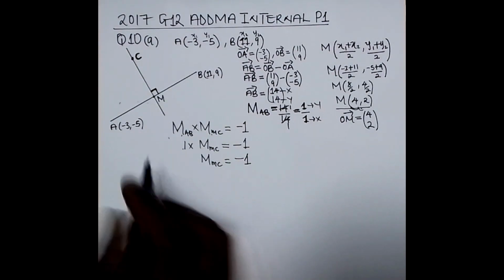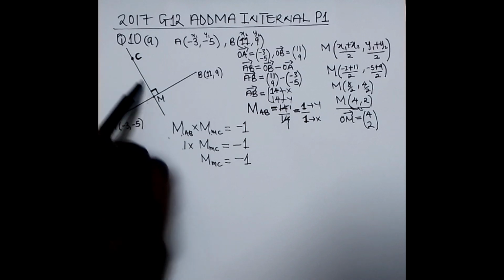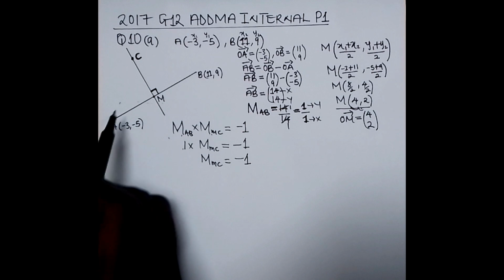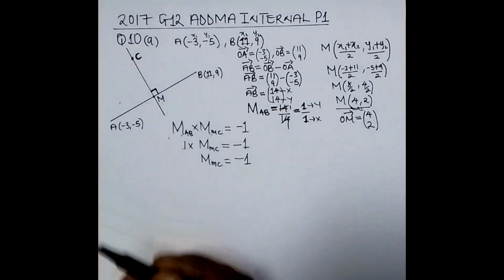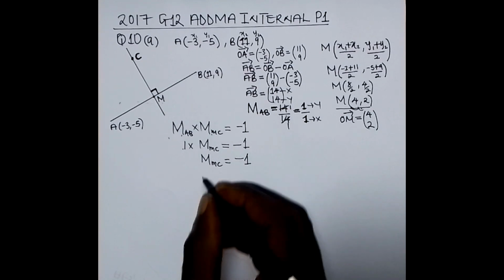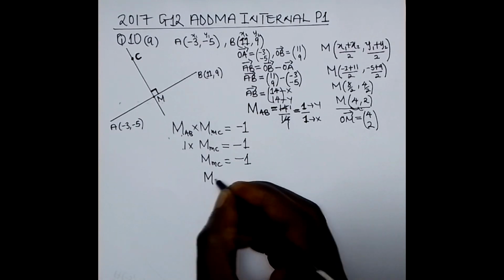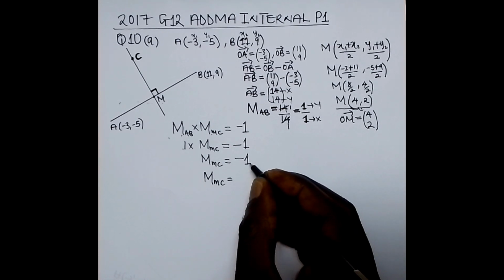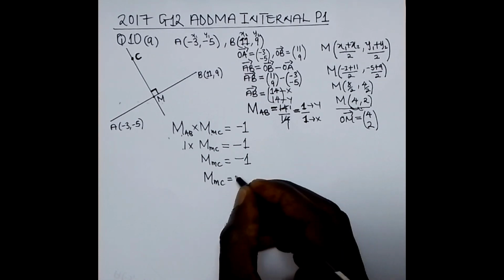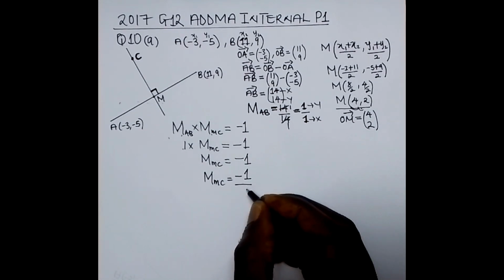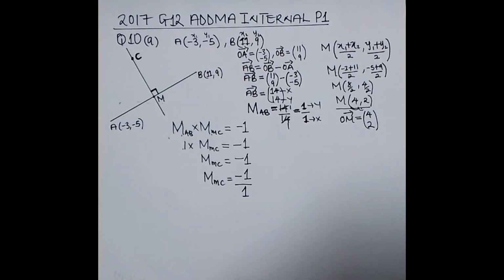Putting this into components, this means that the y-axis, the change in y is negative and the change in x is positive. So we can, just using -1, we can do this. So the gradient of the line MC is going to be, so on top, this means that we're going to have -1 on top, and below we're going to have +1.